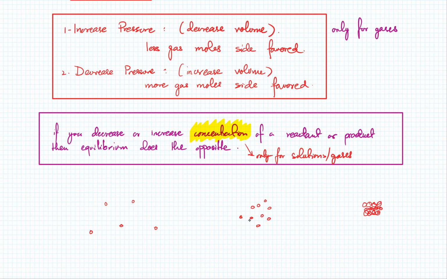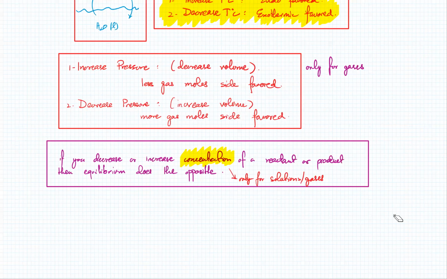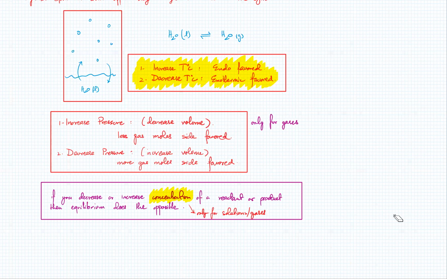Same with liquids. Liquids are like solids. The particles are kind of tightly packed, except that they can move around. So liquid के अंदर भी spacing does not change. ठीक है? So just remember that the last rule is only for concentration and it's only for solutions and for gases. ठीक है? Clear है ये बात भी?